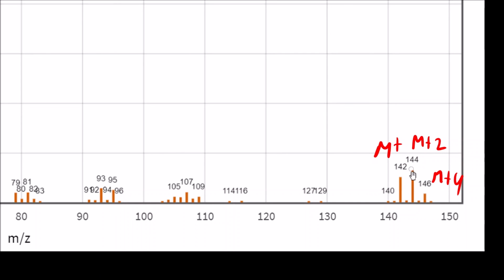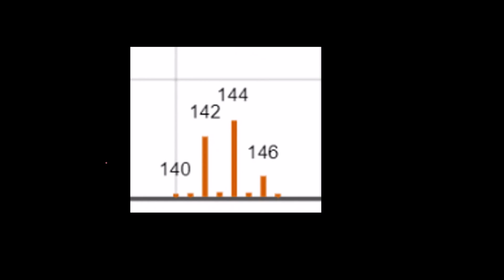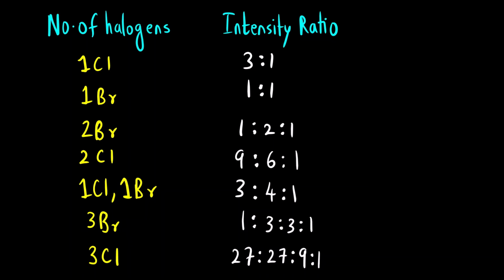That is the 3:4:1 ratio. The zoom version is here. This you can consider 3, slightly higher is 4, and very low is 1. So the ratio is 3:4:1. For 3 halogens we are not looking at the mass spectrum because it will be very complicated.